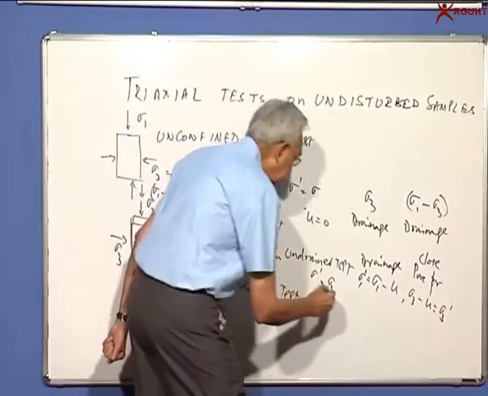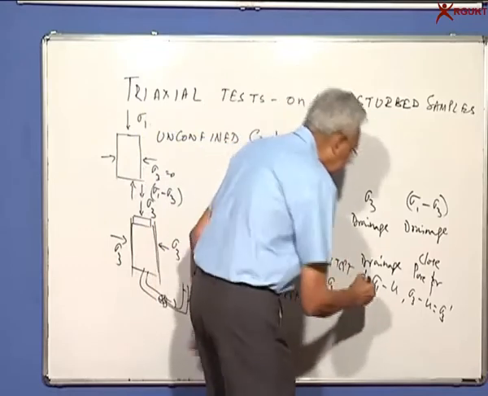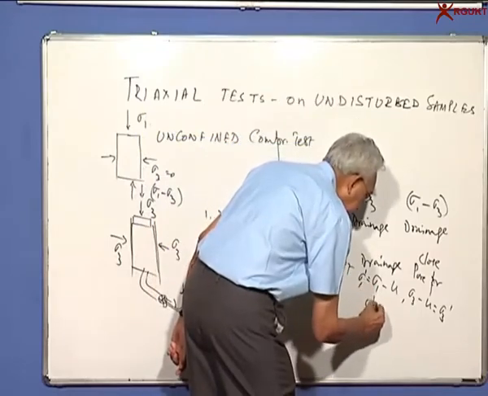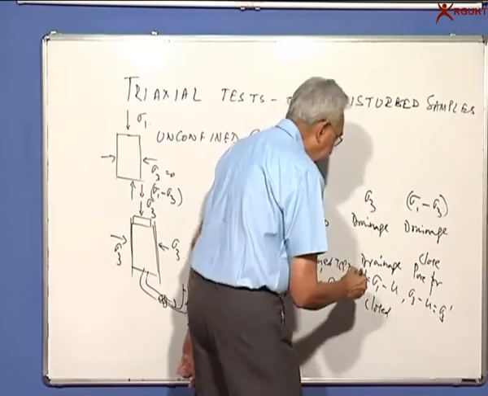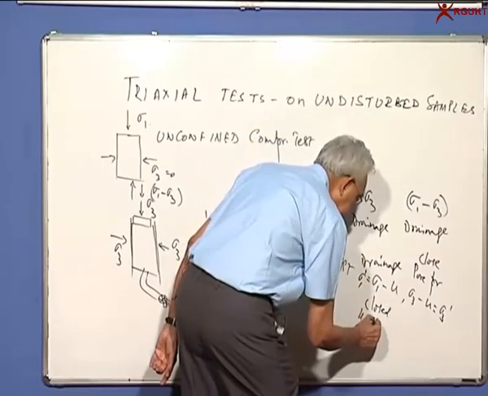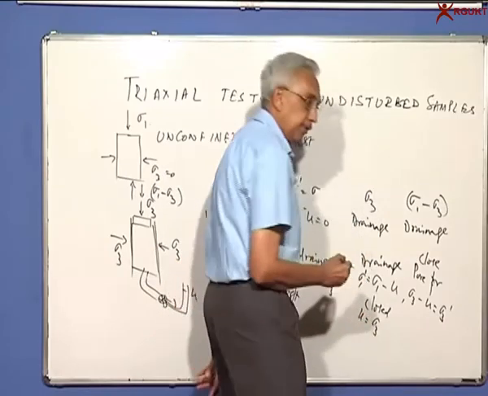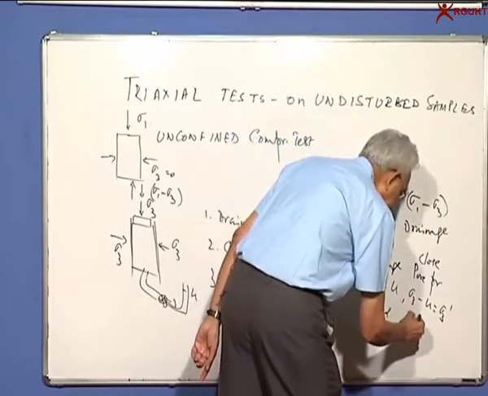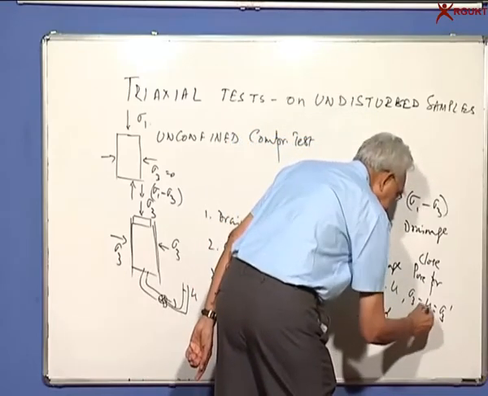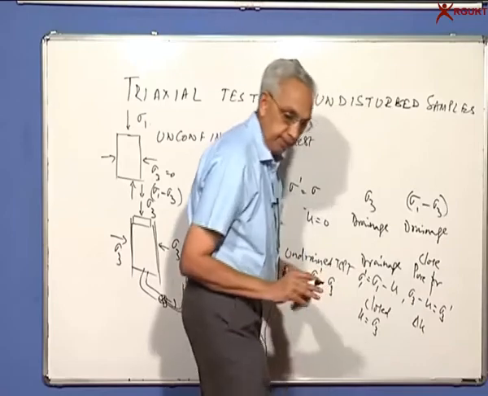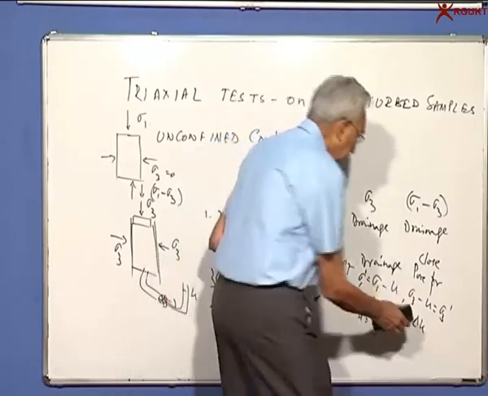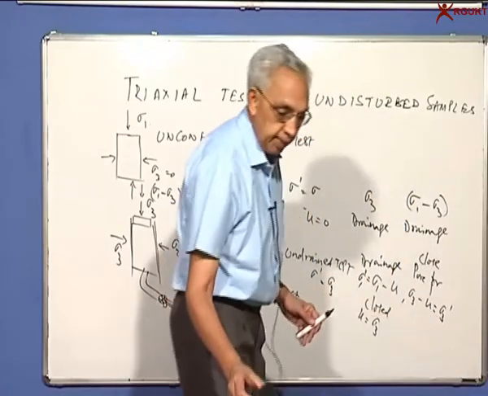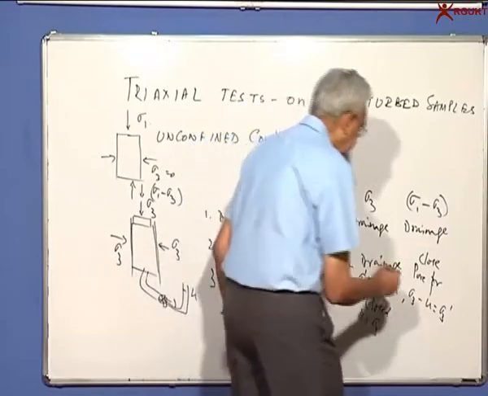In the third, under both conditions the valve is closed, and then you expect in the first case U is equal to sigma 3 if the soil is saturated, and here you try to measure the pore pressure. Here also the valve is closed. So the sample is always in an undrained state.